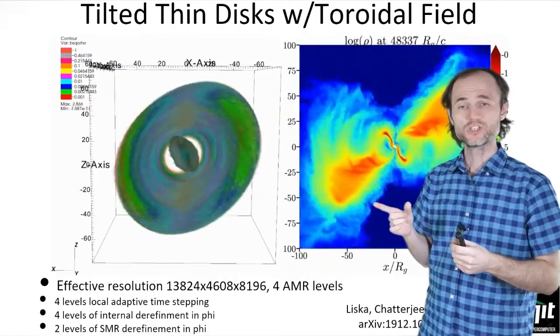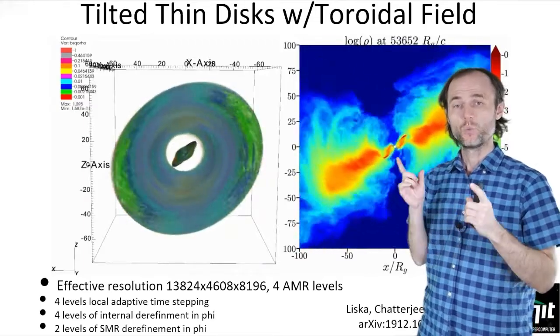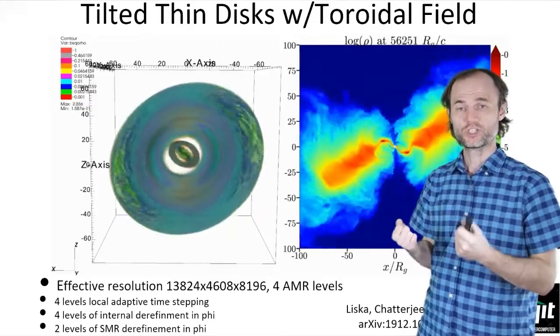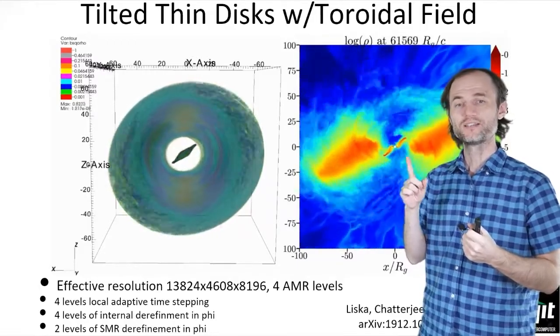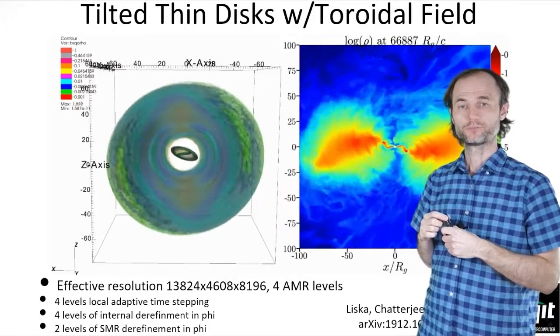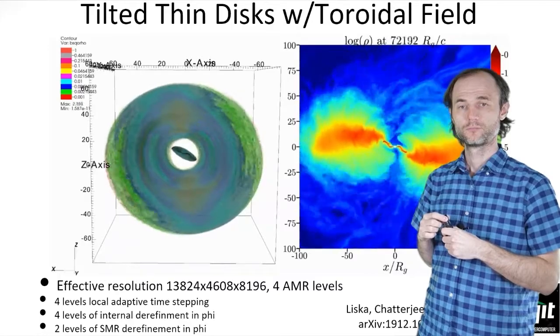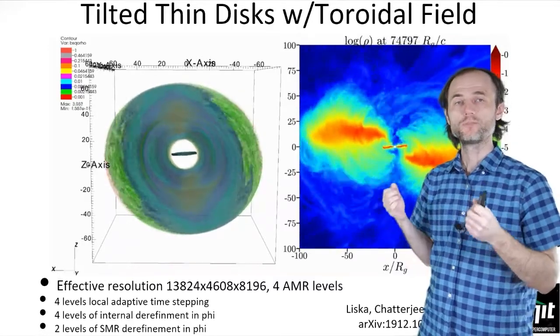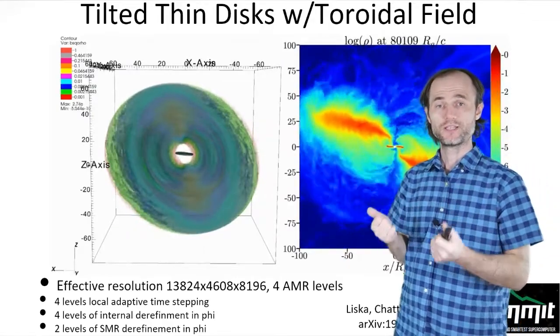But what's really interesting is that even in the absence of poloidal magnetic flux, we've seen the effect of disk tearing. And not only disk tearing, but we also see the effect of the alignment of the inner disk with the black hole, which is about to happen right now. This means that the Bardeen-Petterson effect and disk tearing are not artifacts of strong vertical magnetic fields.